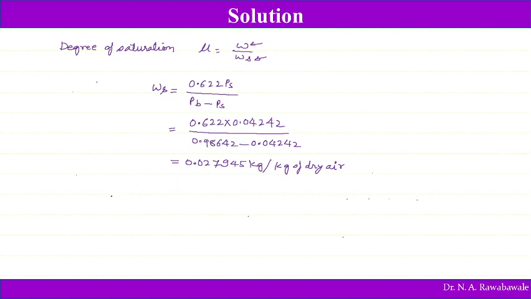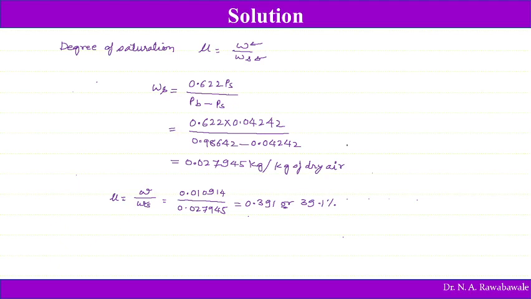Then mu can be obtained. Mu is equal to omega divided by omega s. Omega, which is known to us, is 0.010914, divided by 0.027945. So this degree of saturation is 0.391, or 39.1%.